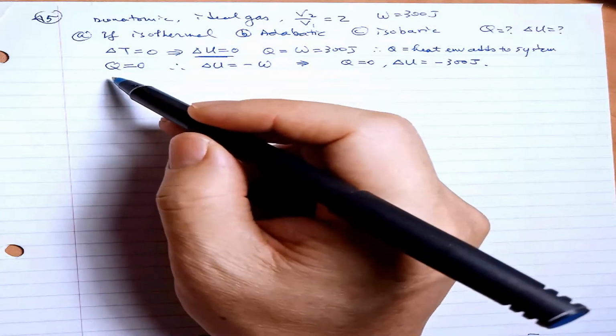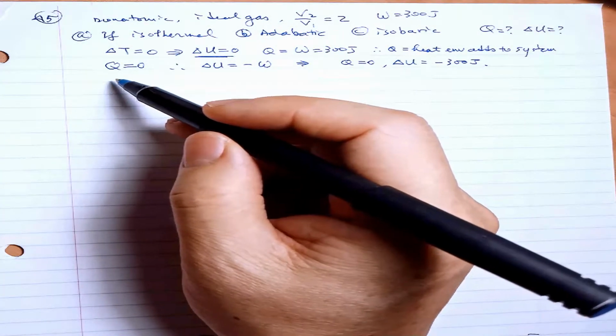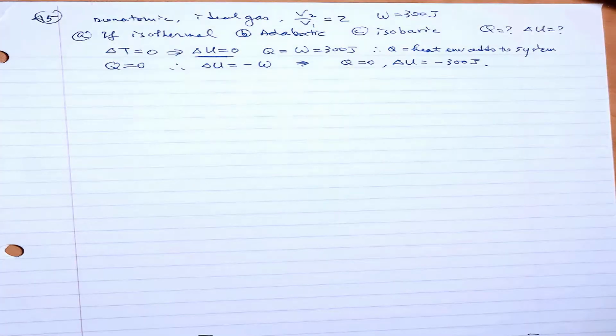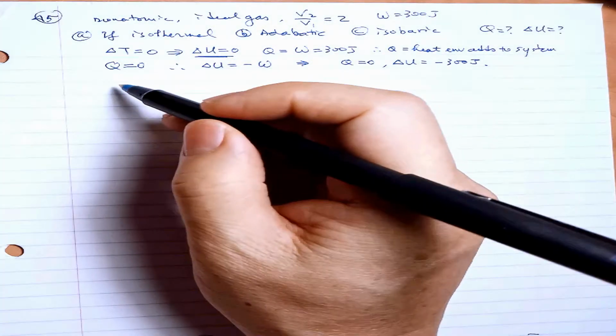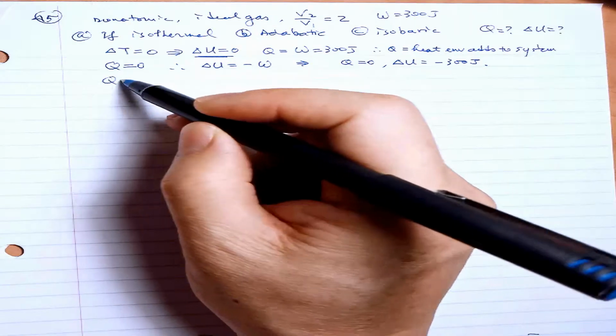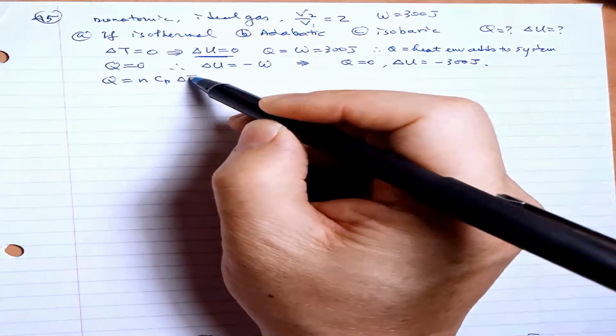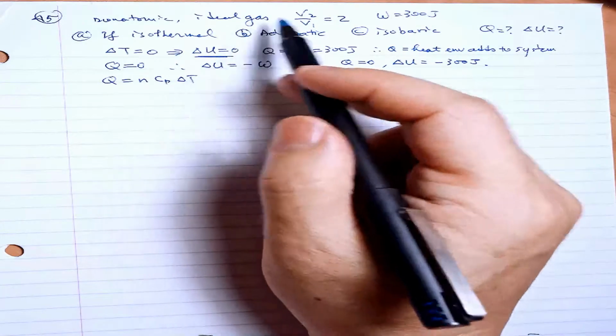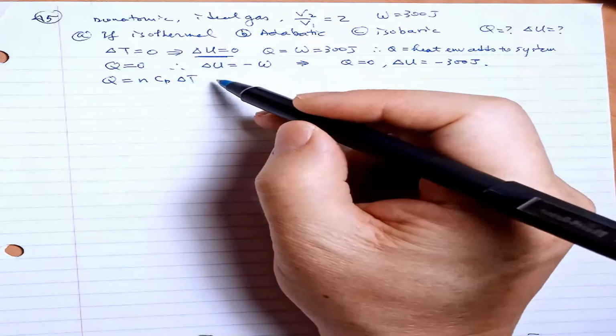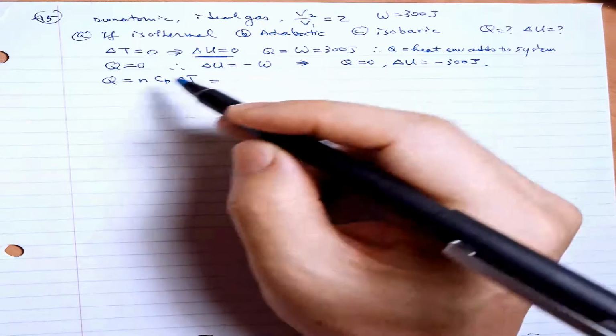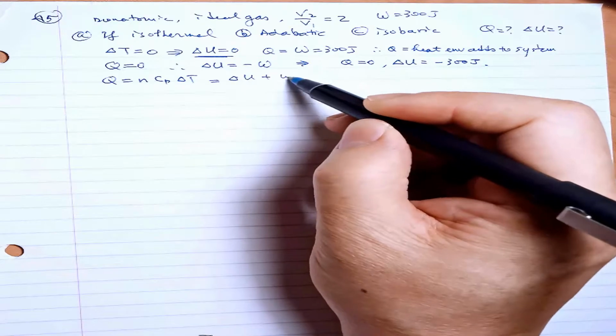And part C is isobaric. If it is isobaric, that means constant pressure, so we use the concept that Q is n Cp delta T. But Q is still delta U plus the work done.